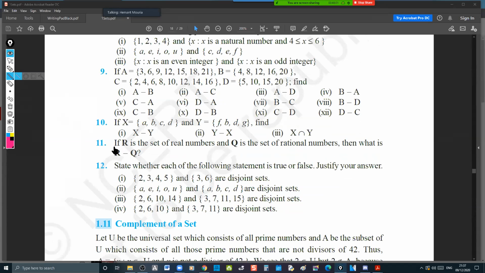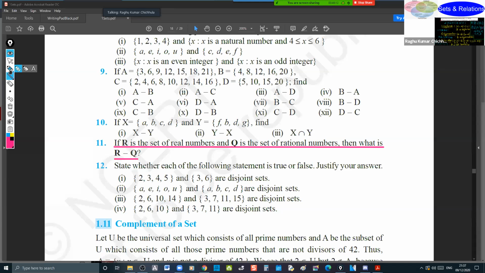If R is the set of real numbers and Q is the set of rational numbers, then what is R minus Q? It will be the set of irrational numbers. That's good. We denote it with Q complement.